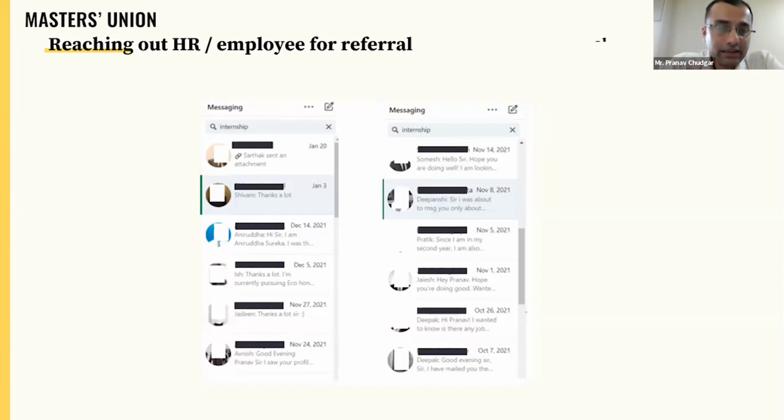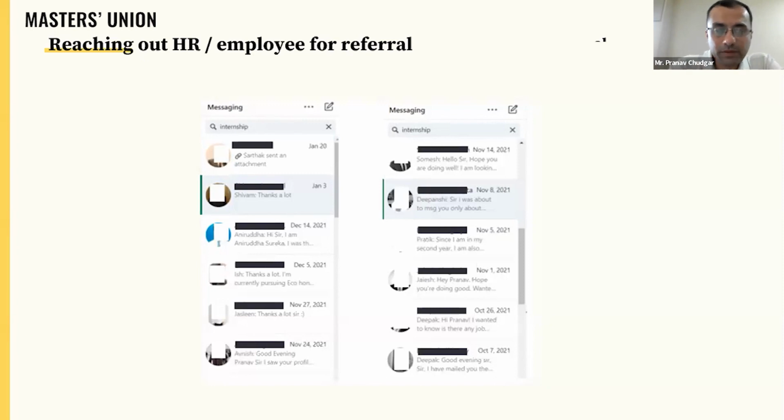If I get this many messages, imagine the number of messages each person who's hiring or who's in HR would get every day on their LinkedIn. So my question would be, why should I hire you? Why should I take you in my team or my company? Or for that matter, why should I refer you to another team that is hiring?